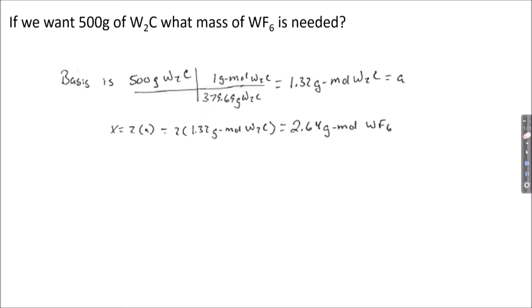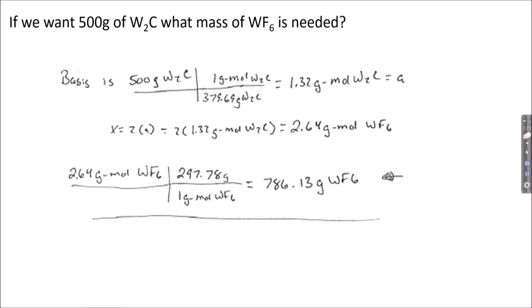Well, that's very simple. We're excellent at this by now in this class. We know that 2.64 gram moles of tungsten hexafluoride, based on the molecular weight of 297.78 grams per 1 gram mole of tungsten hexafluoride, equals 786.13 grams of tungsten hexafluoride. So we've answered the question. We now know what mass of tungsten hexafluoride is needed.